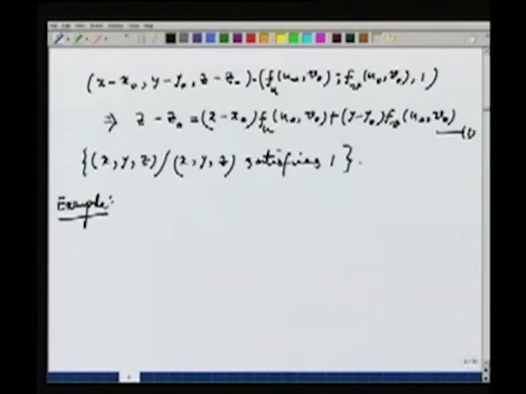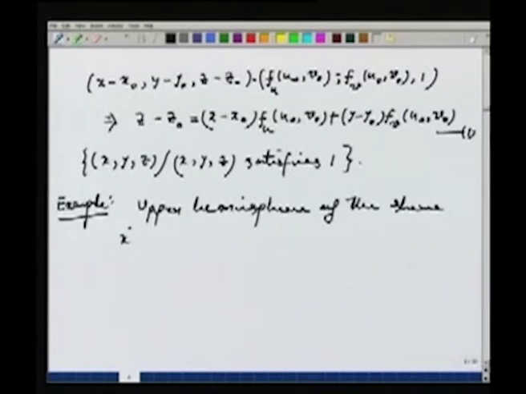Now let us look at another example. Suppose I take the upper hemisphere of the sphere x square plus y square plus z square equals 1.